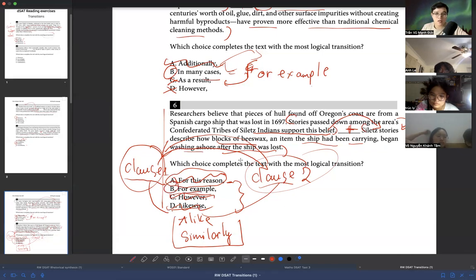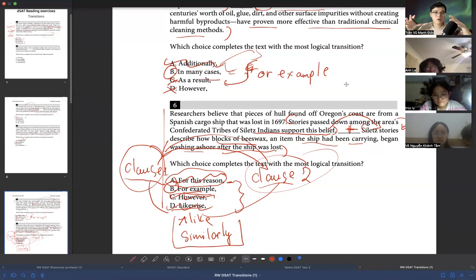For example, so let's see how B is correct. Stories passed down support this belief. Then, for example, you would assume that "for example" kickstarts a list or a phrase, right? But in this case, it's not a list. These are specific instances, right? Like Lena said, "however" doesn't mean that you kickstart a phrase or an explanation or a list.